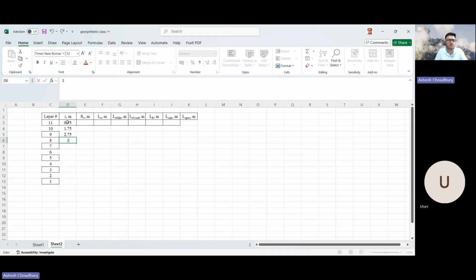So 3.25. Okay. So the layers are 0.75, then 1, then 0.5.